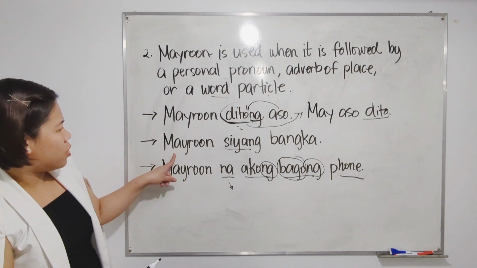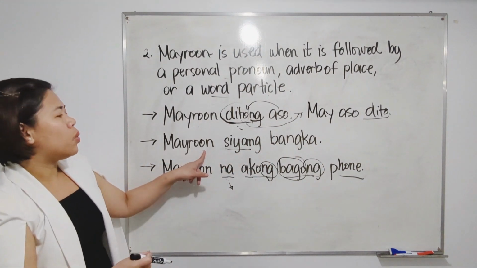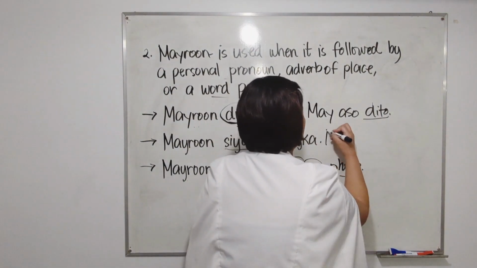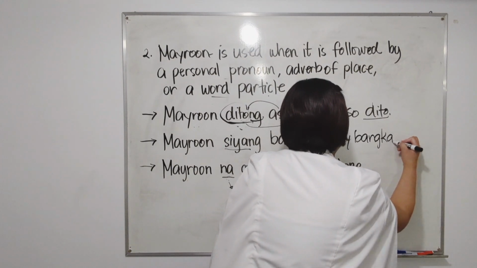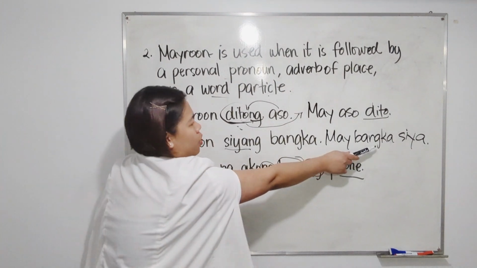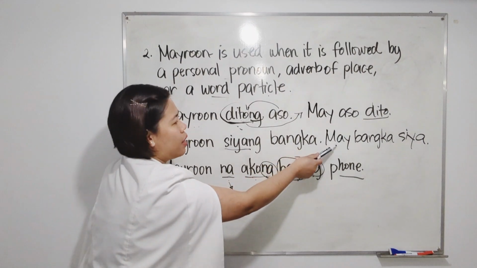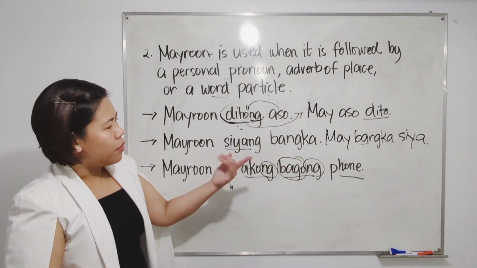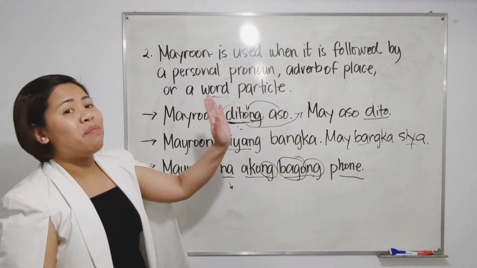How about this one? Can we change this? "Mayroon siyang bangka." We are going to change this into "may bangka siya." Now, your bangka, your boat became next. So, you will not use mayroon, you will use may. Because now may is followed by, what do you call this, a noun, bangka, boat. And then your pronoun, siya, became last.